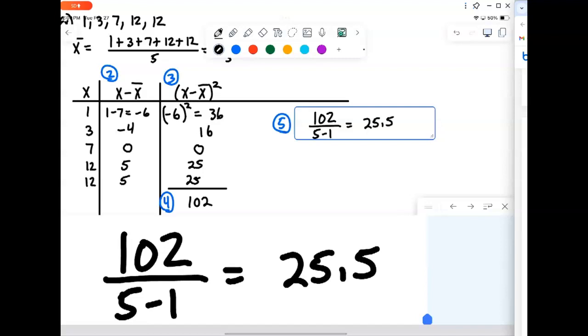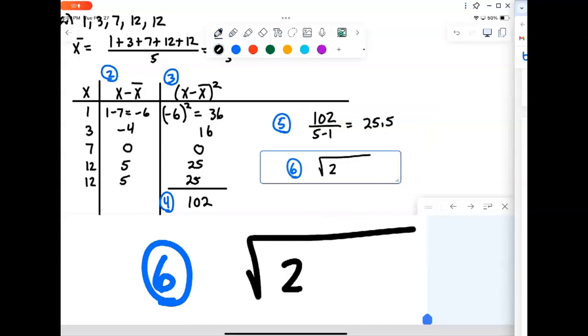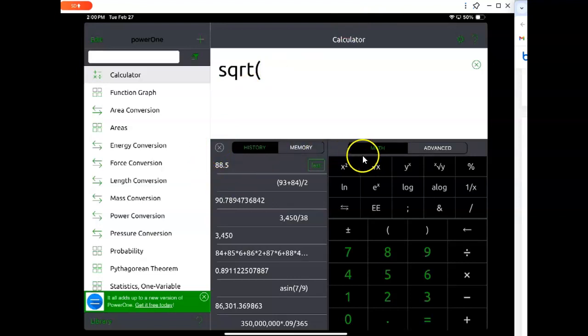And then the final step, step 6, is to take the square root of that answer. So if we go into a calculator and do that, my square root key is in the first row there. Mine pops up as SQRT.